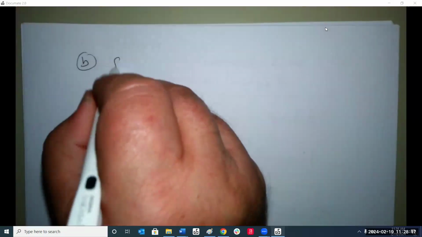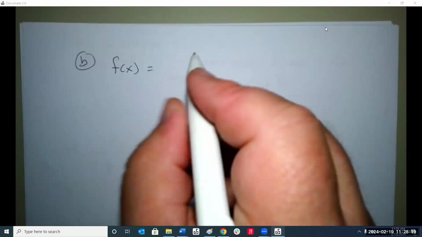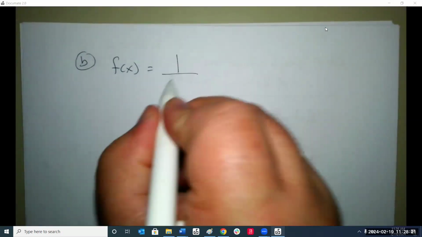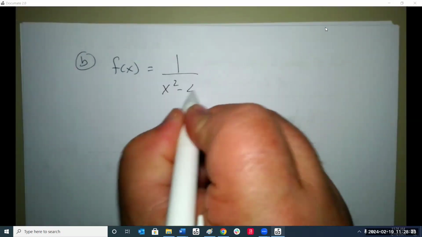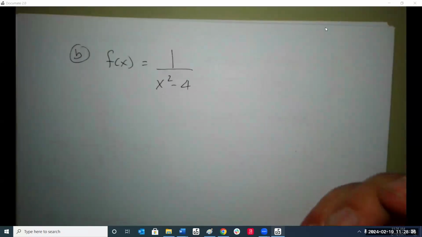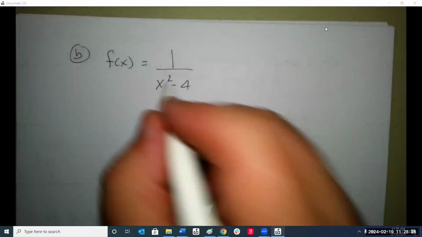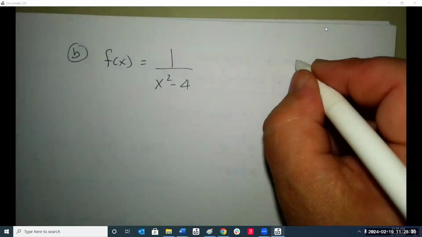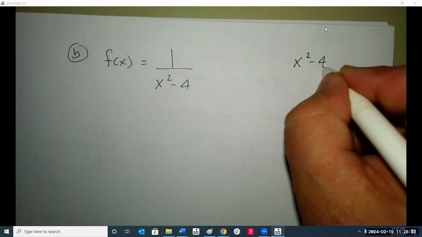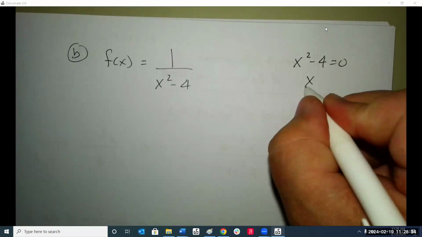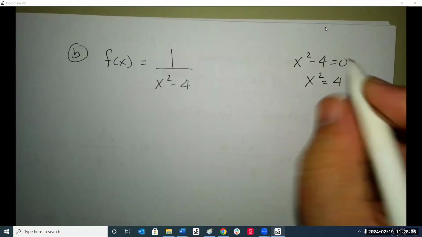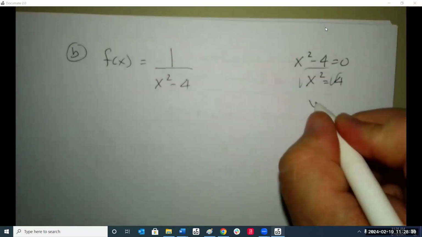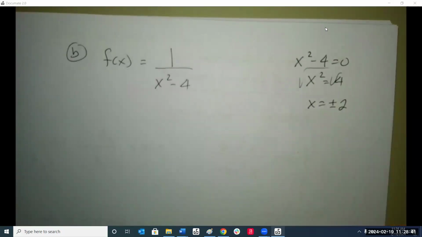Another example: 1 over x squared minus 4. Again, there's two ways you do this. One, you could take the bottom, set it equal to 0, and when you square root it, x equals plus or minus 2.